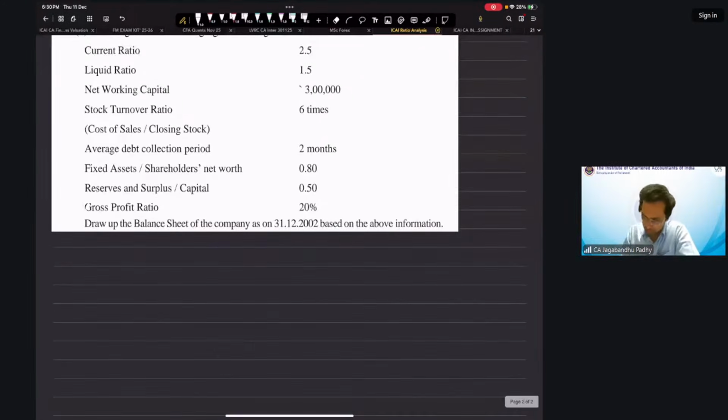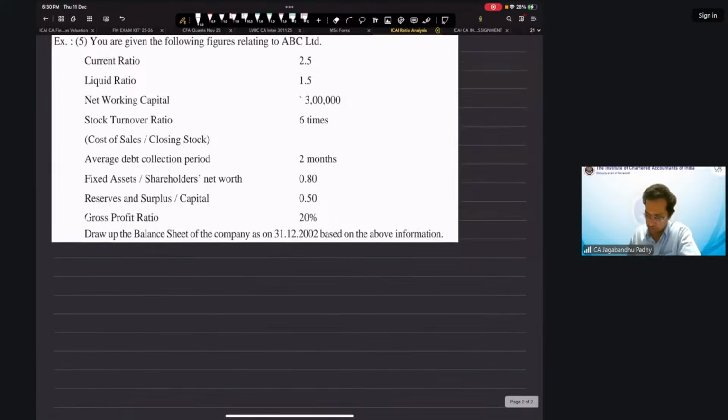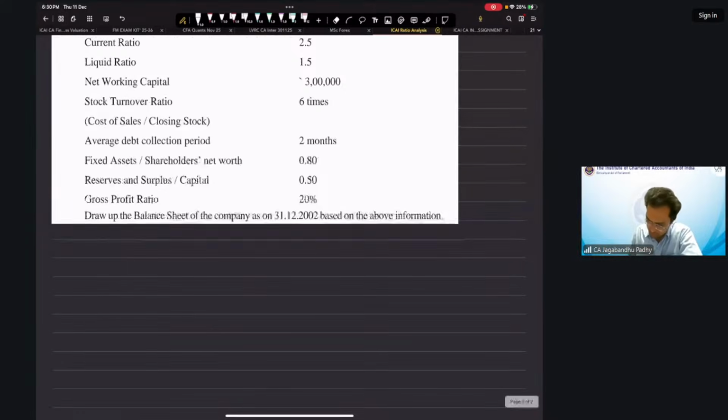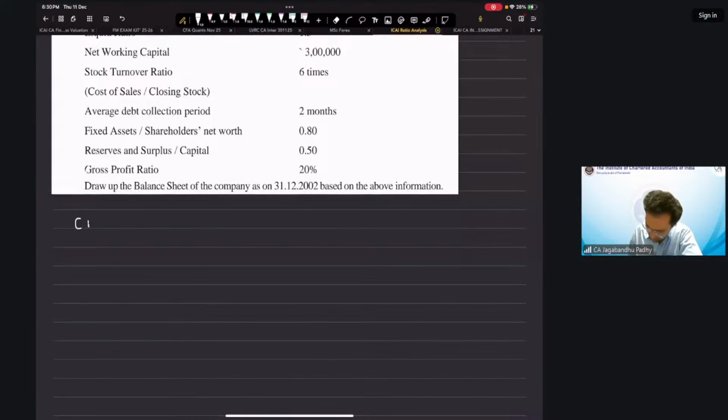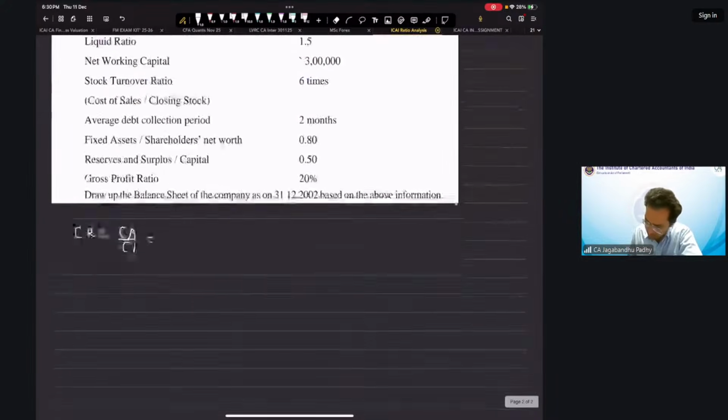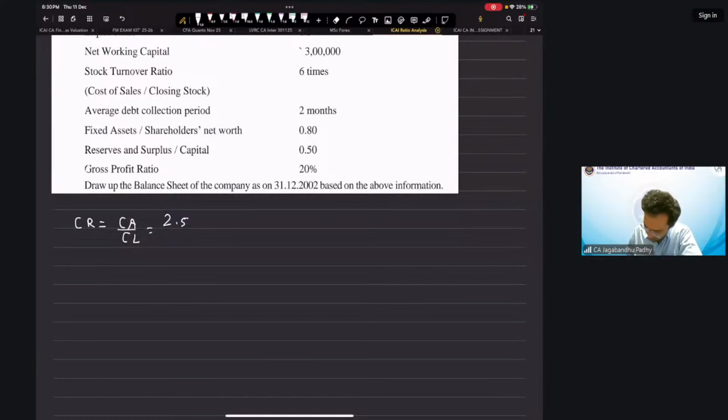Anyway, so current ratio is 2.5, liquid ratio is 1.5, and net working capital is 3 lakh. So we have the current ratio given to us. Current ratio is current asset upon current liability, which is 2.5.